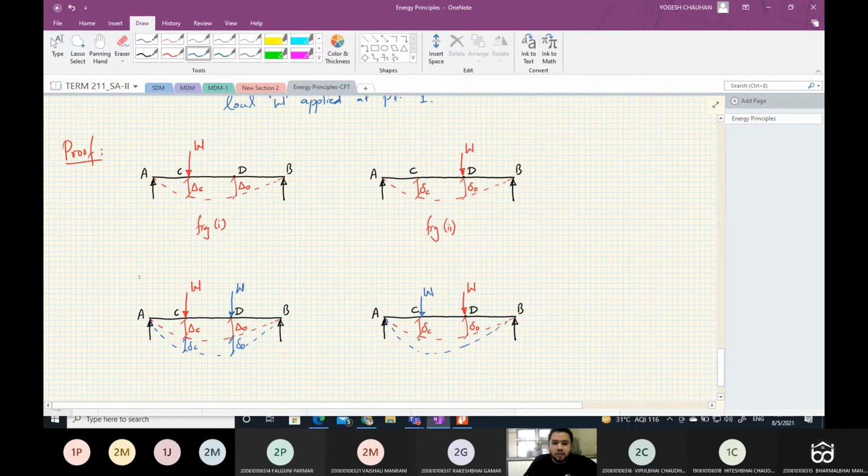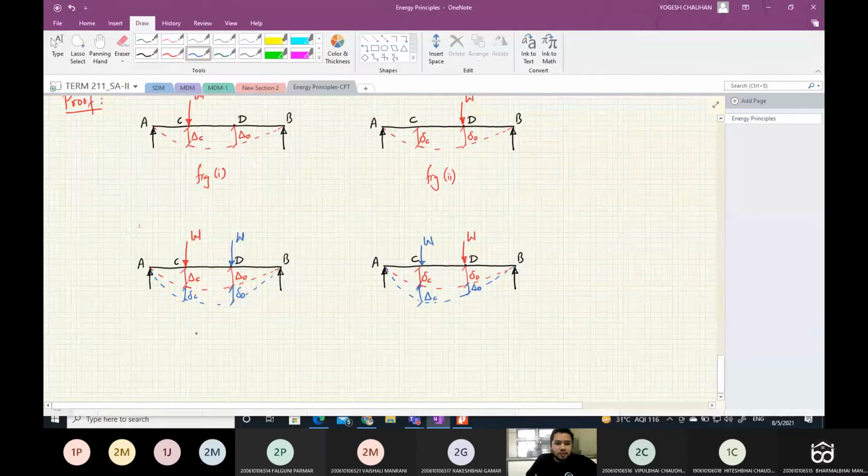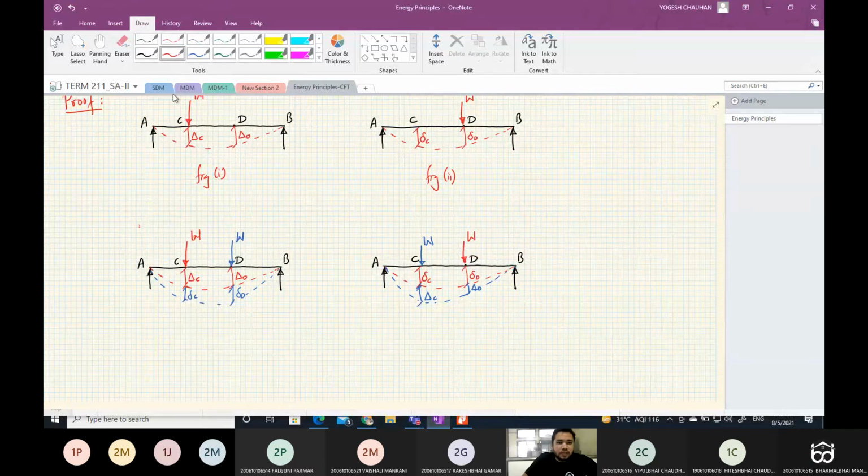Let the deflection produced due to this additional W at point C be uppercase delta C. From this figure, this deflection will be uppercase delta D. So here we are considering the forces acting simultaneously. This is figure 3. This is figure 4.